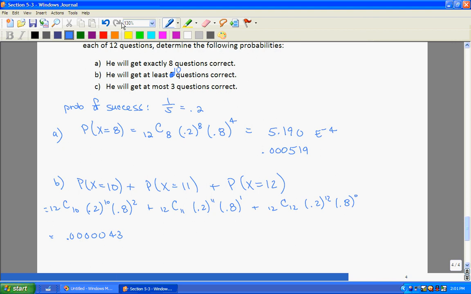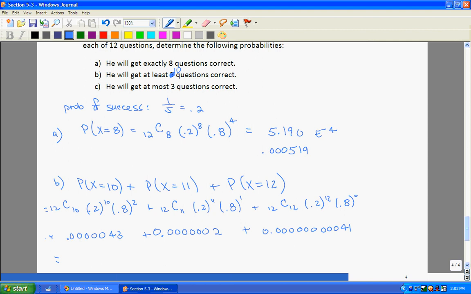For that first one, I get 0.43 e to the negative 6, which is that scientific notation. So if I move my decimal place over 6 times, a really, really small number. And then for the next one, I get another very tiny number. And for the last one, an even smaller number. So it's not looking too good that he's going to get at least 10 questions correct.